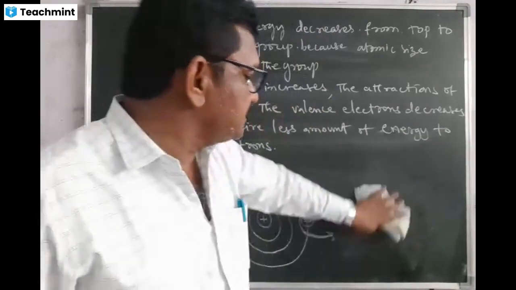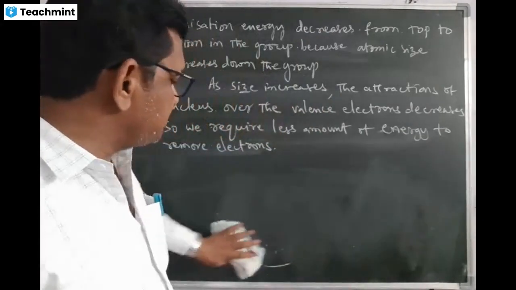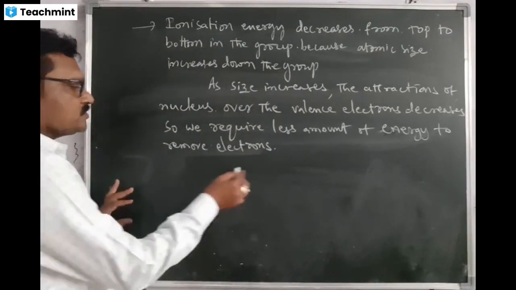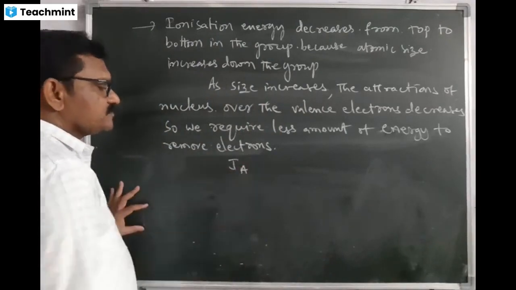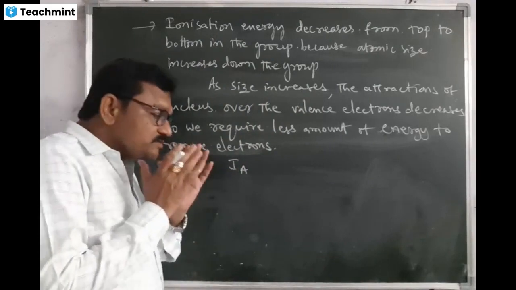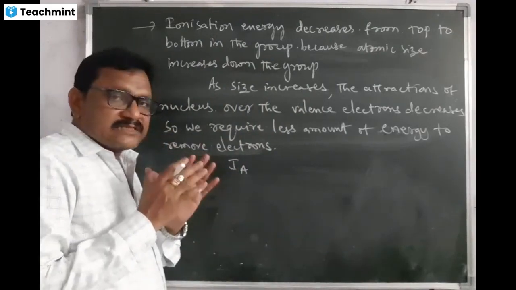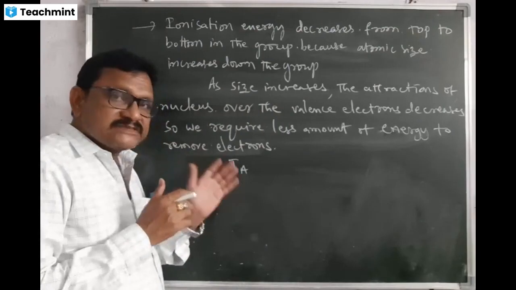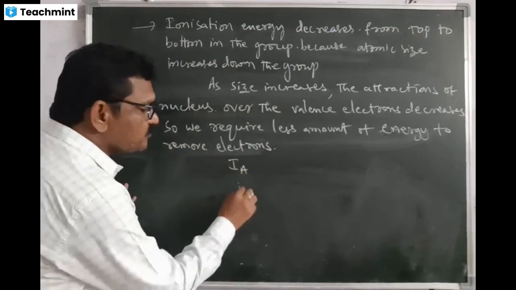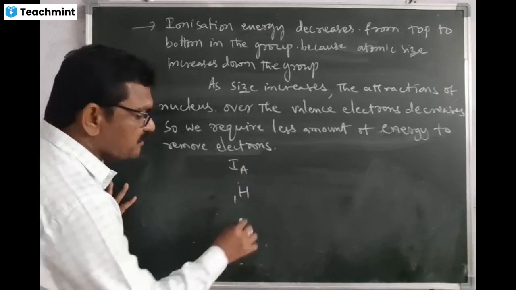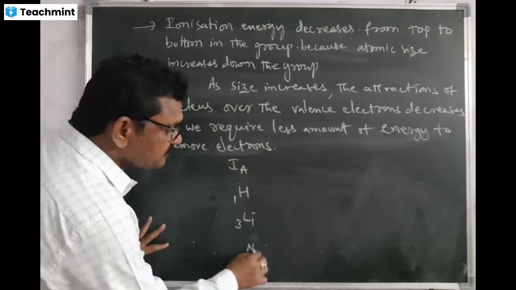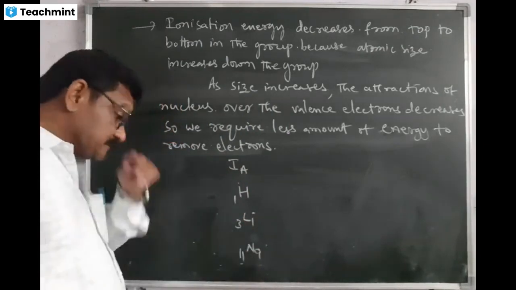You write down the theory; I explain with an example. Always take first group elements as examples because they are easy to understand. What are the first group elements? Hydrogen atomic number is 1, lithium is 3, then sodium is 11.